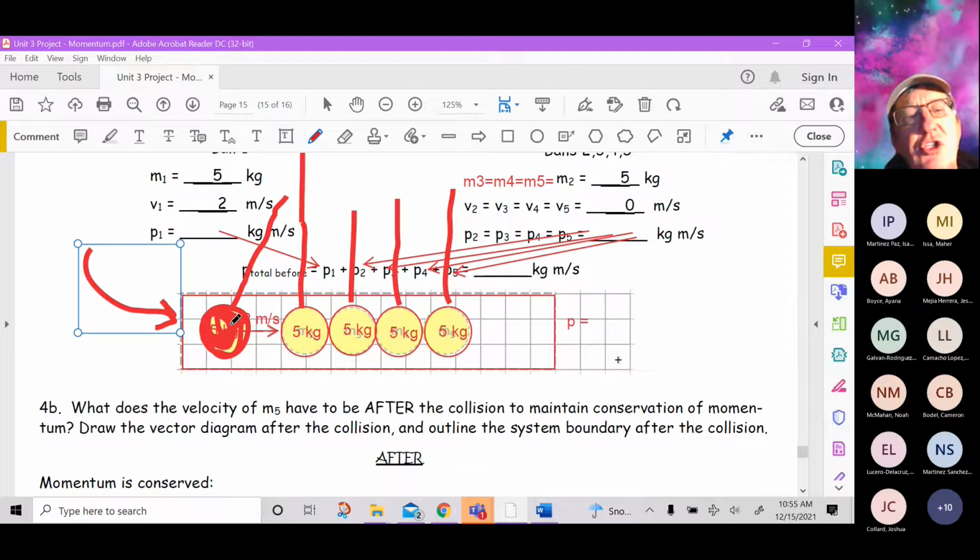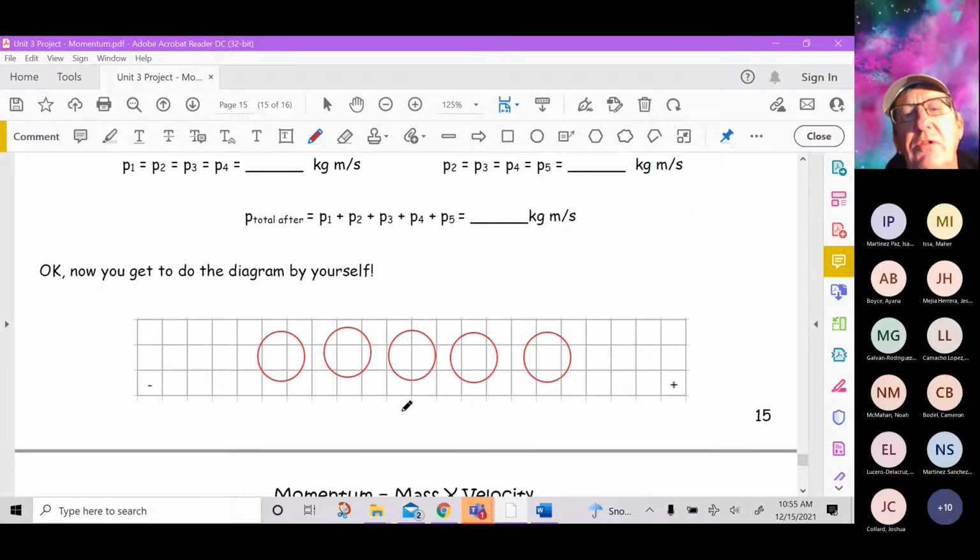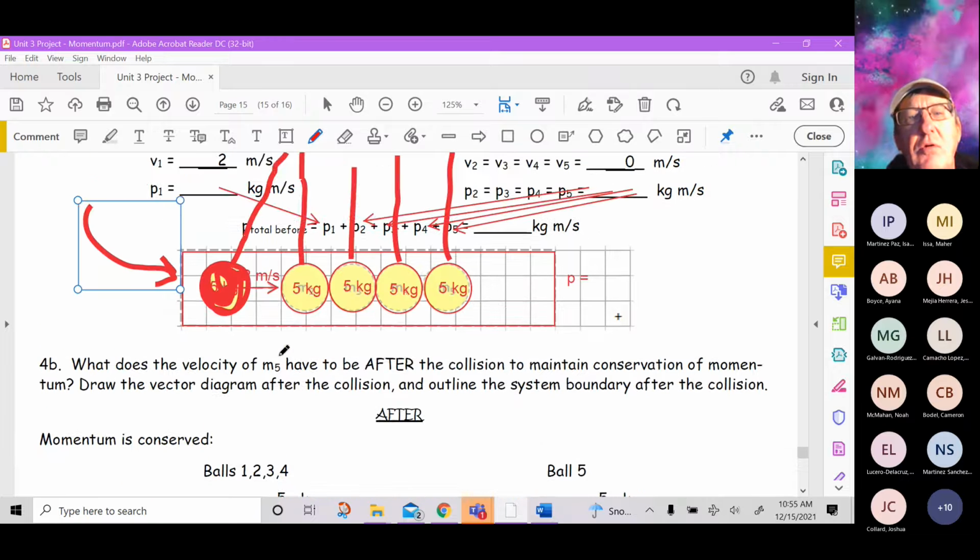But now I want you to do the same thing down here, showing what it looks like after the collision. So ball number 1 has now hit the other balls. And as you know, the momentum has been transferred from the first ball to the second, to the third, to the fourth, to the 5th.